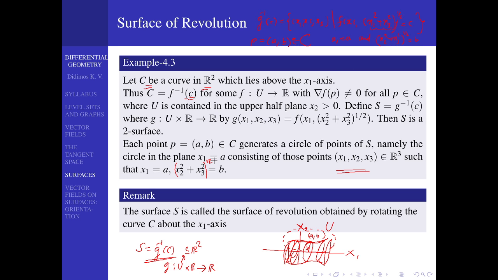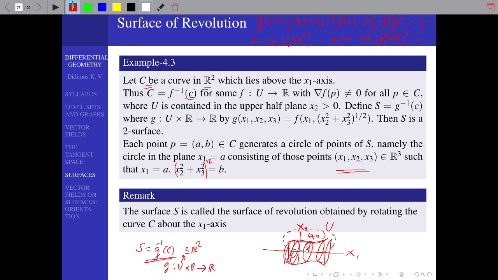You can get it as either this whole raised to 1 by 2 is equal to B, or this is equal to B square. So this is what we call a surface of revolution.